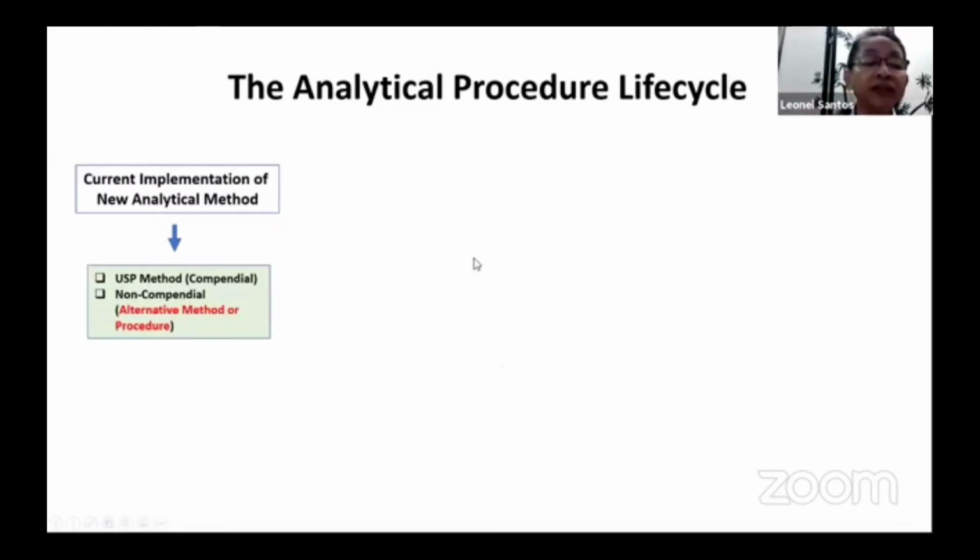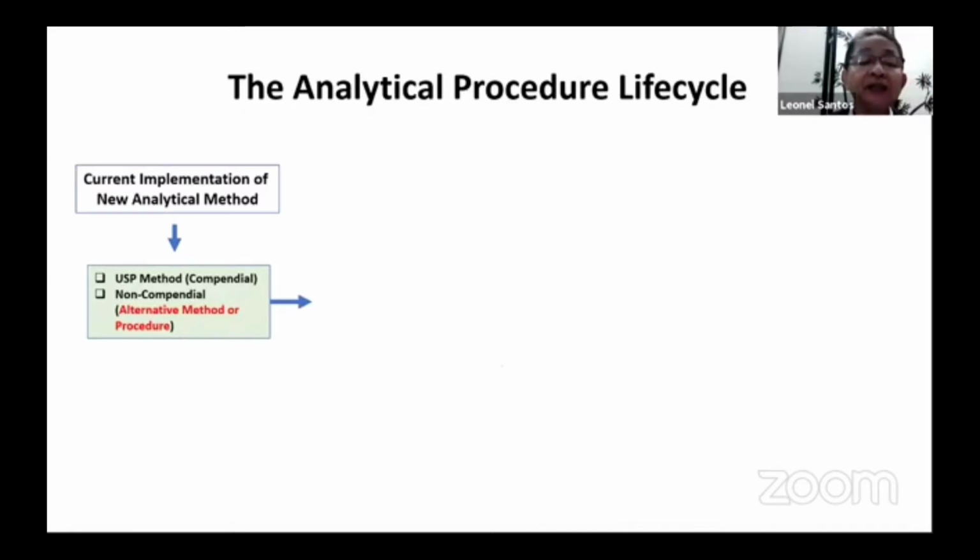Your methodologies can either come from the USP method, which is the book. It's termed compendial. But at times, there are methods that are not in USP. So those are termed non-compendial or alternative methods. Those are the internal methods from your company.